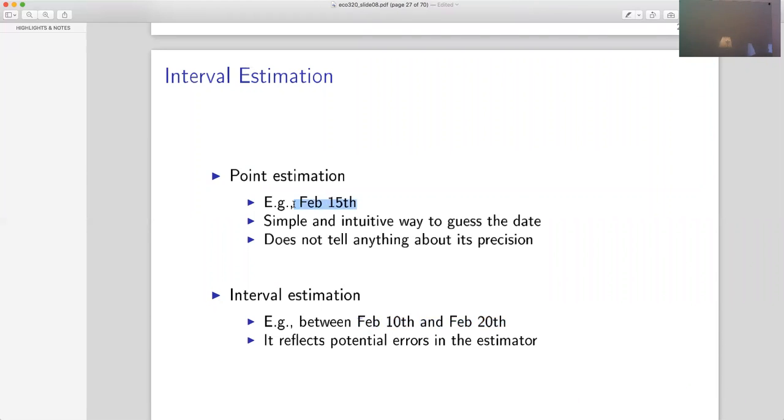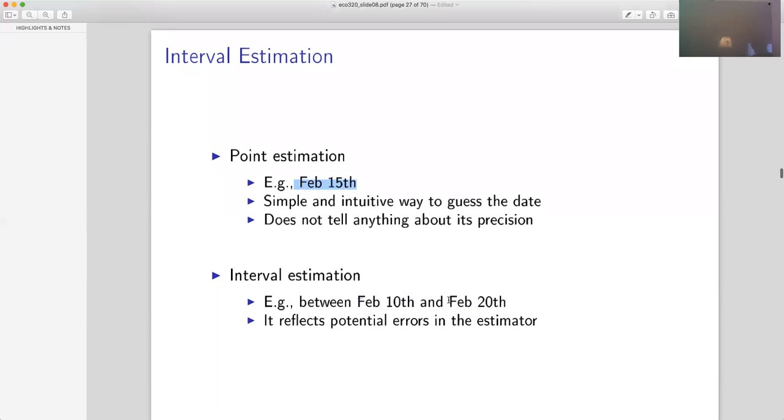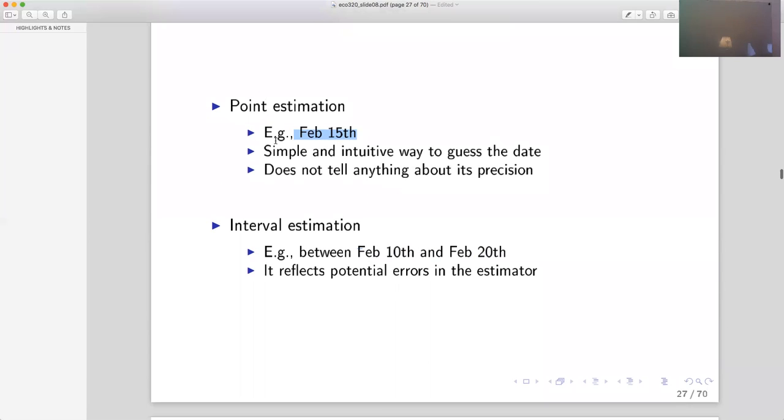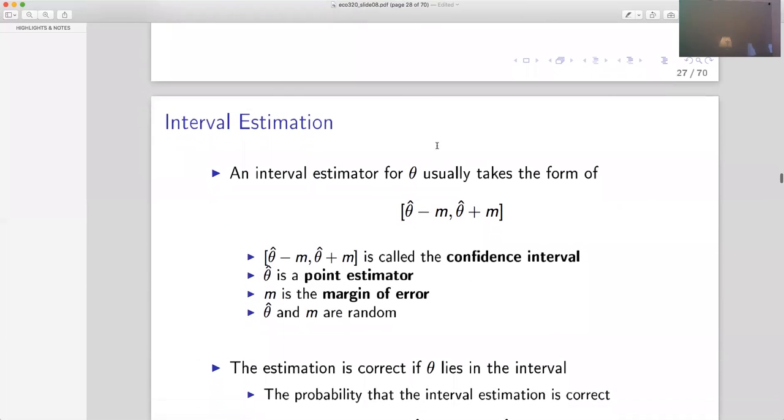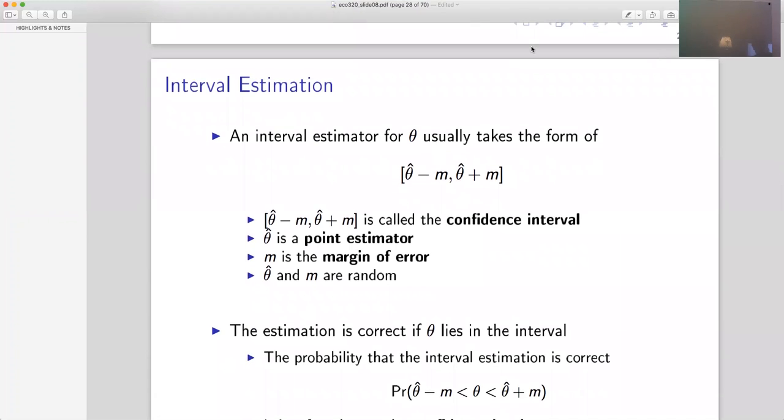Instead of an exact point, your doctor might say it might be sometime around here. The drawback of point estimation is that it doesn't say anything about precision, but this is more realistic. It reflects potential error in the estimator. So we are talking about some kind of probability, 90% or 95%, that it's going to happen. So this is interval estimation.